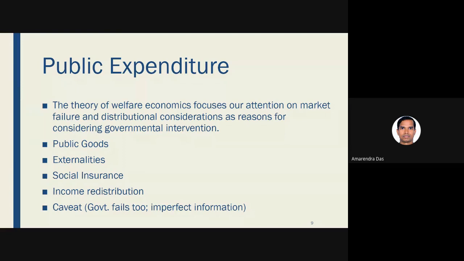And again, for your information, let me tell you that the size of bureaucracy in India is one of the lowest in the world. Of course, I do not have the exact number, but I read somewhere that the number of government officials per 1 lakh population is one of the lowest in India.